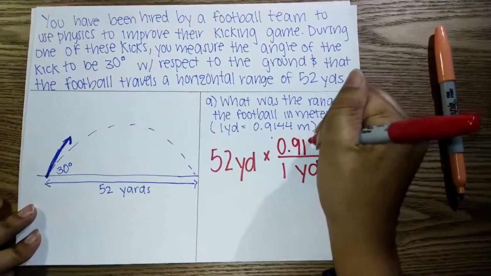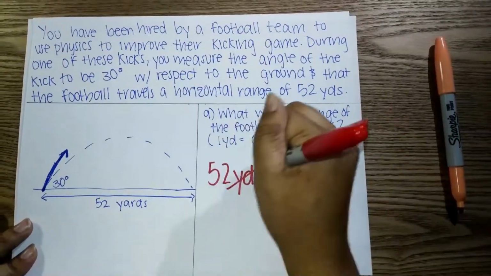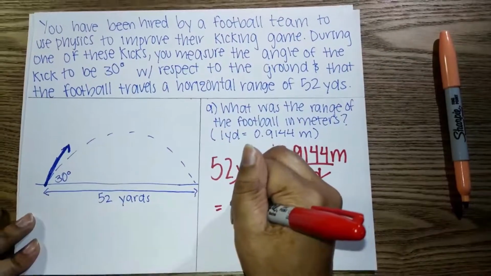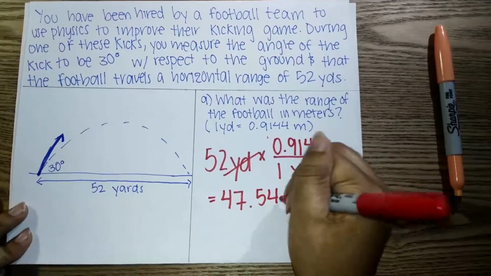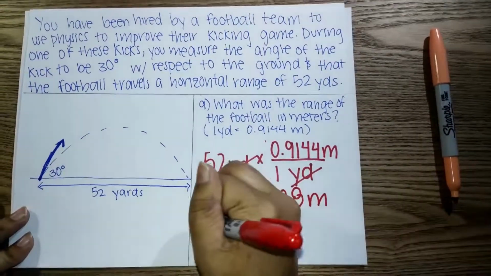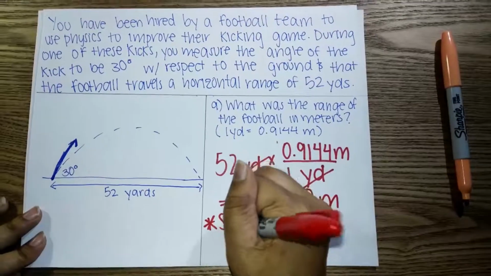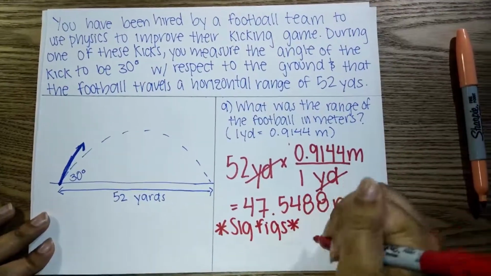The yards will cancel out and we will be left with only meters. This comes out to be approximately 47.5488 meters. However, since we are using sig figs and 52 only has two significant digits, we can round this to be 48 meters.